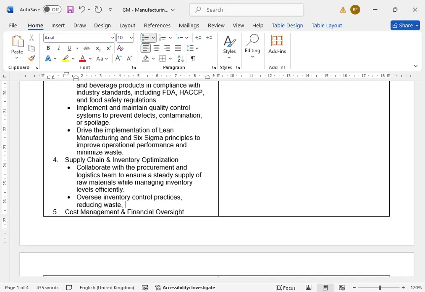So, spoilage, of course, and stockouts. If you're going to have a stockout, this is also a big problem to the cost.